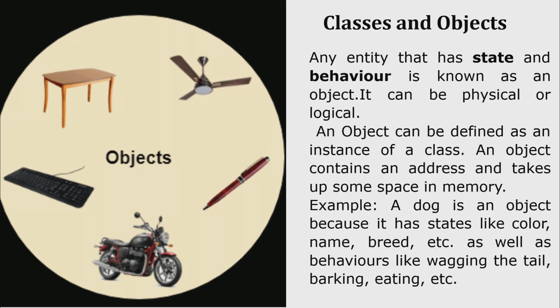A dog has states like color, name, breed. These are the properties of the dog. It also has behavior, like wagging the tail, barking, eating, etc.